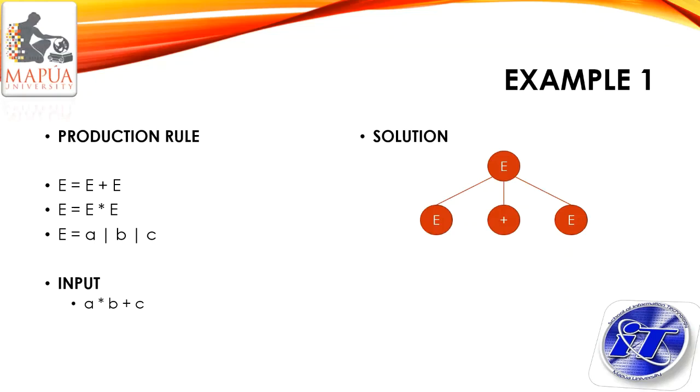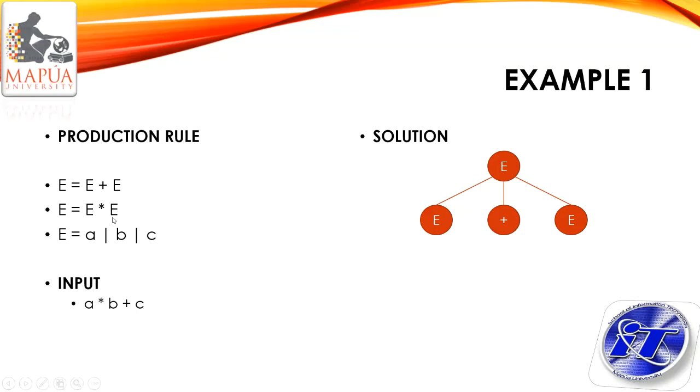If you compare our partial tree, the last two nodes are almost the same as the last two symbols of our input, plus C. Therefore, we need to obtain the first three symbols through E. How could we do that? By using the second production rule, E times E.